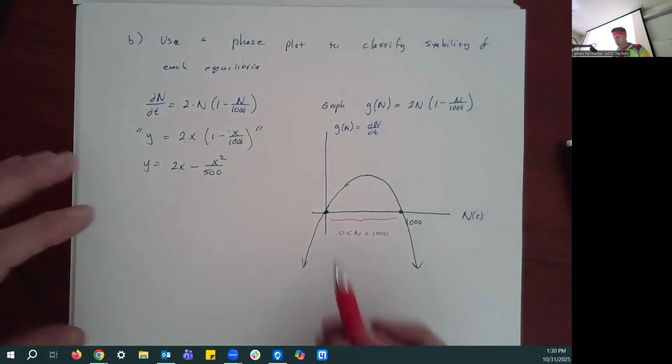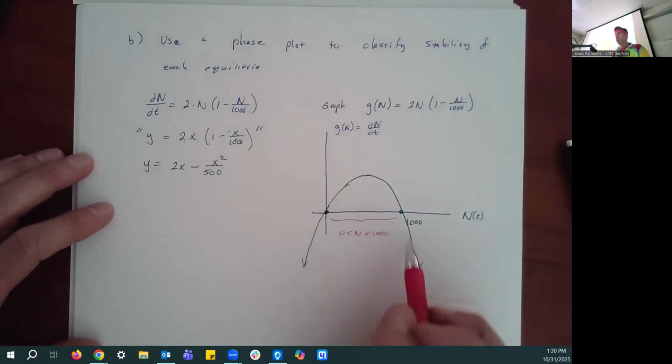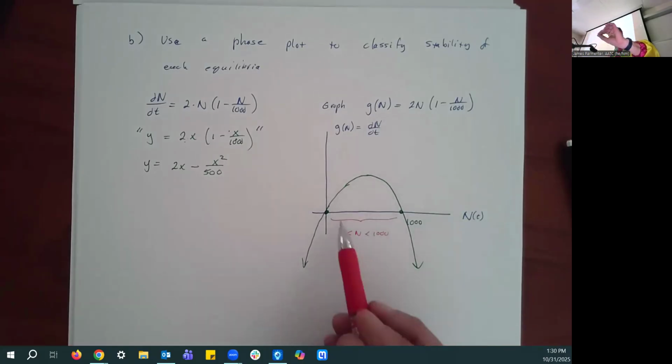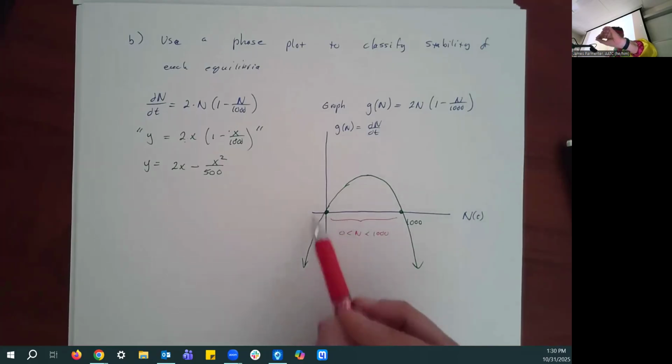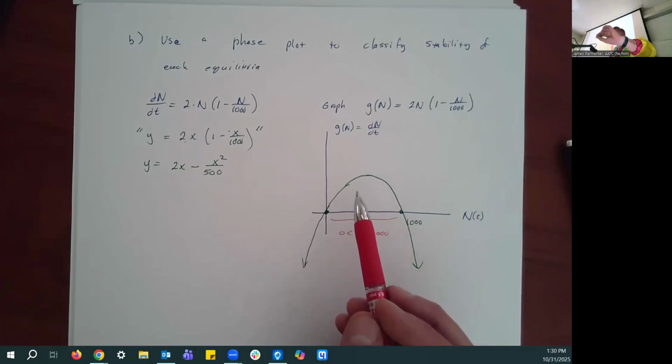Obviously positive, right? If I'm in here, my outputs are all above the horizontal axis, so they're positive values. But those values are talking about the derivative values. So in this region, the derivative is positive.